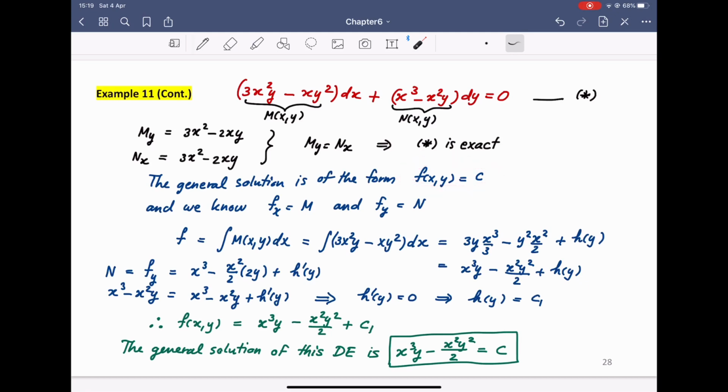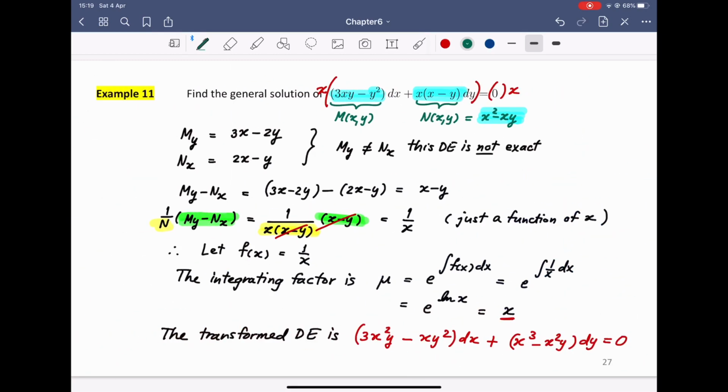All right. You can see that in this example we can convert a non-exact differential equation to an exact differential equation by using integrating factors. When you face a problem like example 11 at first, it is your choice. Some of you say that it is easier to use a homogeneous differential equation.